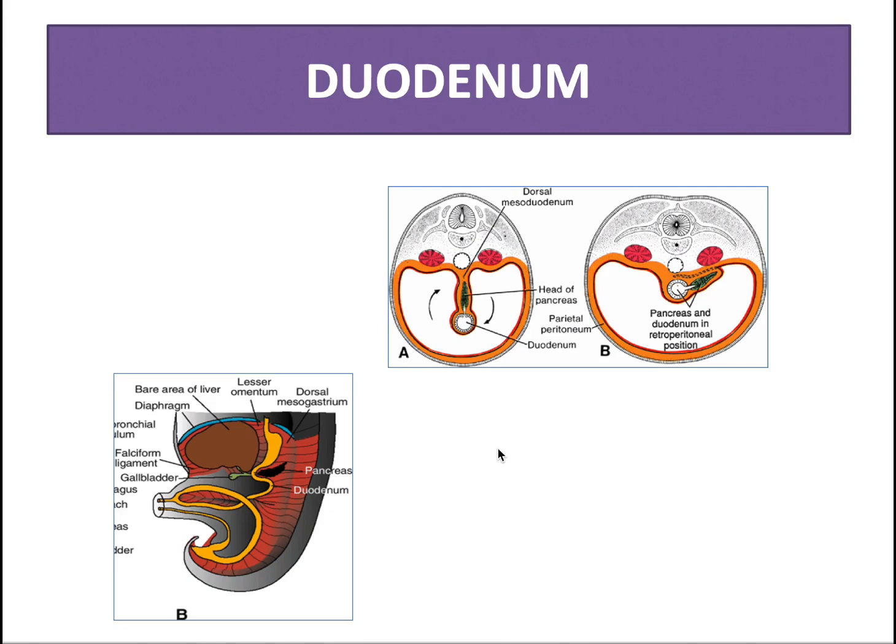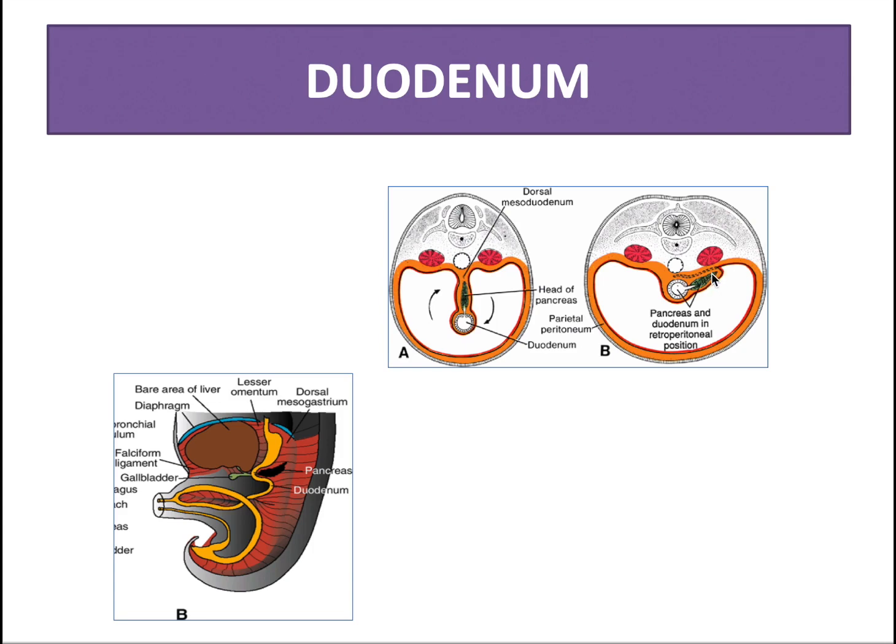When the stomach rotates, the duodenum takes a C-shaped loop and rotates to the right side. This rotation, together with the rapid growth of the head of the pancreas, pushes the duodenum from its initial midline position to the left side inside the abdominal cavity. The duodenum and the head of the pancreas press against the dorsal body wall, and the right surface of the dorsal mesoduodenum fuses with the adjacent peritoneum.